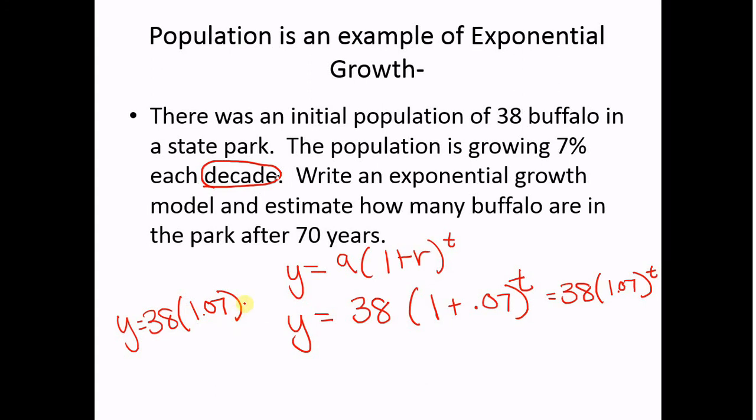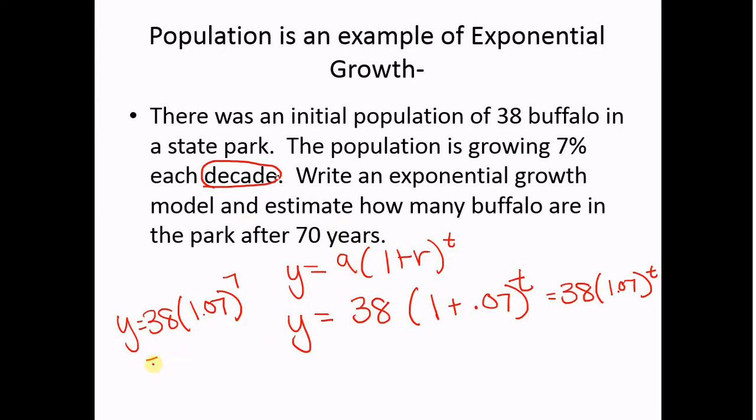Now, t, a lot of us are going to think, well, we're going to put 70 there. No, because 7% is for a decade. Decades are 10 years long. So actually you're going to have 7 there, because you're talking about 7 decades. 70 years is 7 decades, alright?